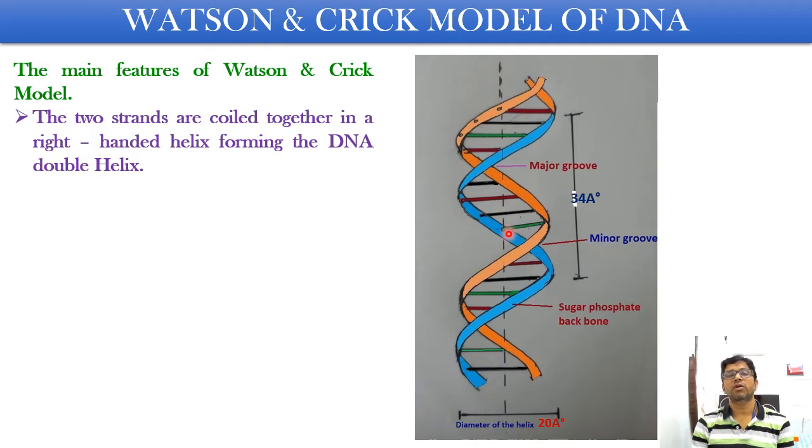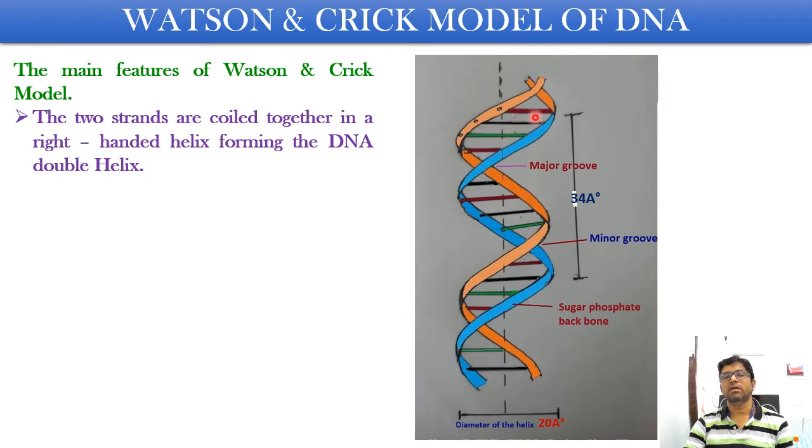The next point is that the two strands are coiled together in a right-handed helix, forming the double helix of DNA. In the previous slide you saw the two anti-parallel polynucleotide strands. Here in this picture, the two strands are coiled together in a right-handed manner.